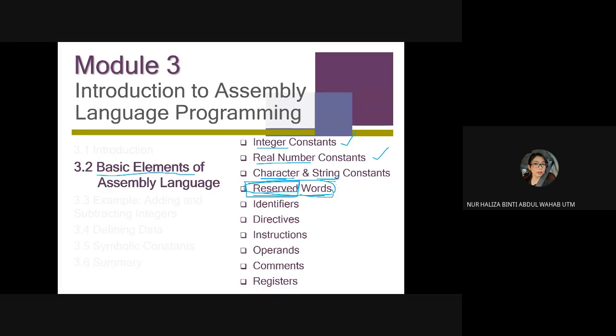So you cannot use them as an identifier, because an identifier is basically your own name. You can just write your own name. Later on, we will see it. Directive, instruction, operand, comment. If you write a program, of course, you can put a comment in it. Maybe you just want to type "by me", so that every other person that uses your source code knows that you are the one that created it.